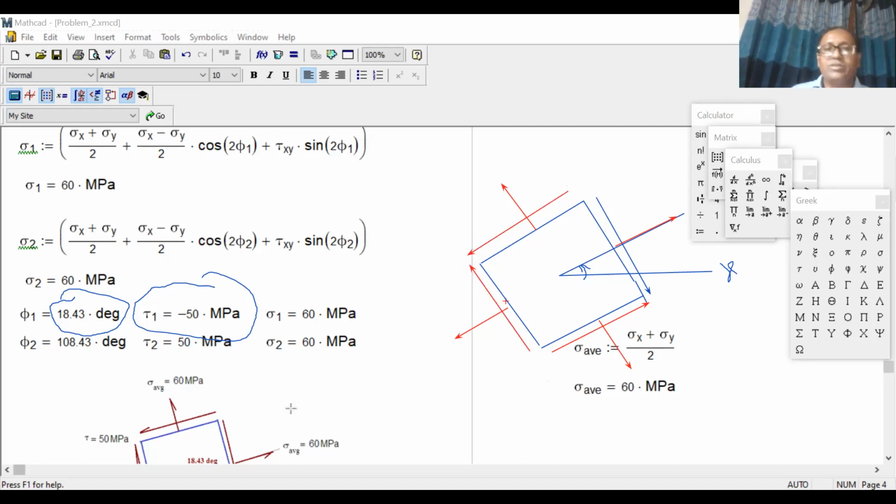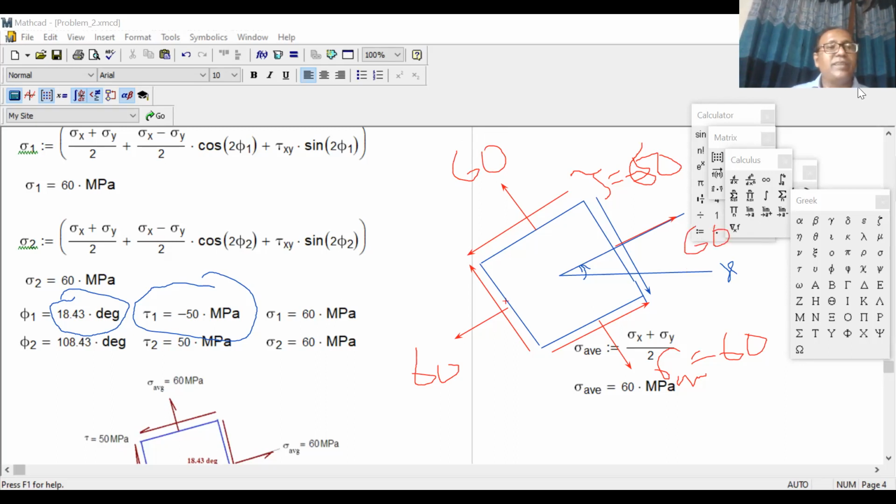Now you just mention that this is tau equal to, not 50, 60 megapascal. And then you say this is sigma average. You can say sigma average equal to 60. This one, sigma average 60. Right over here, you say 60. Right over here, you say 60.